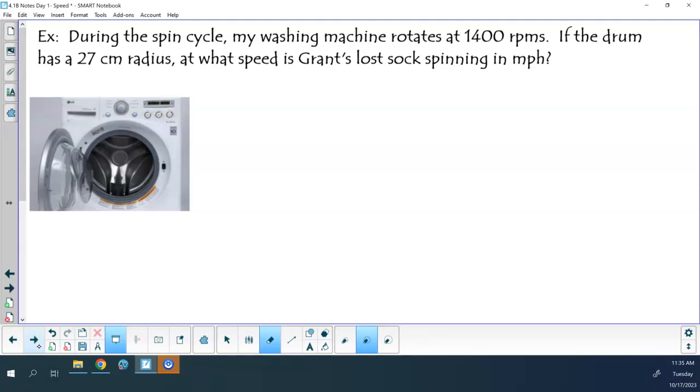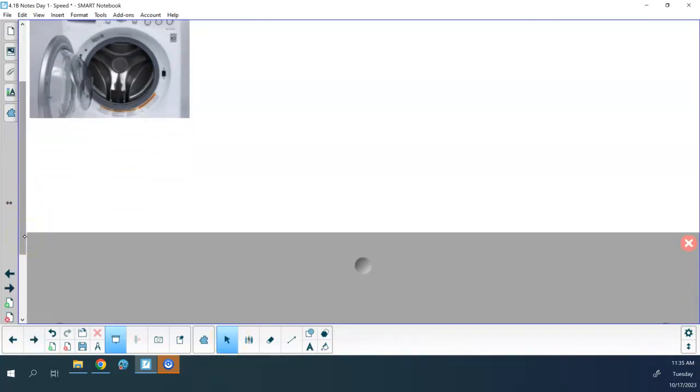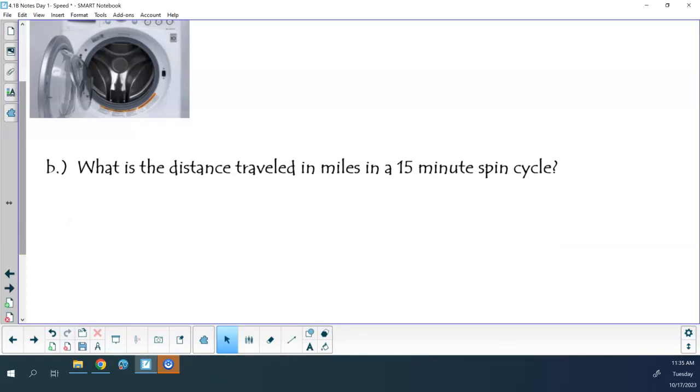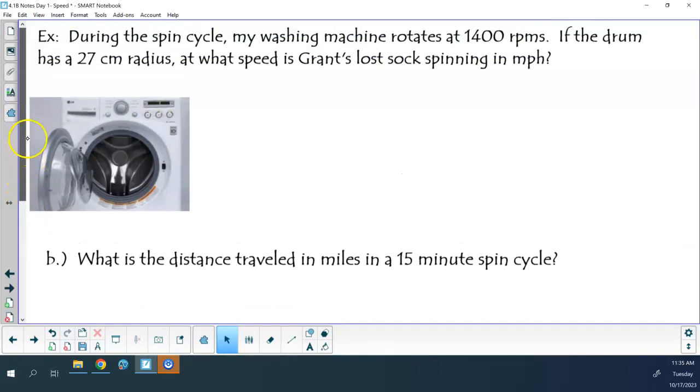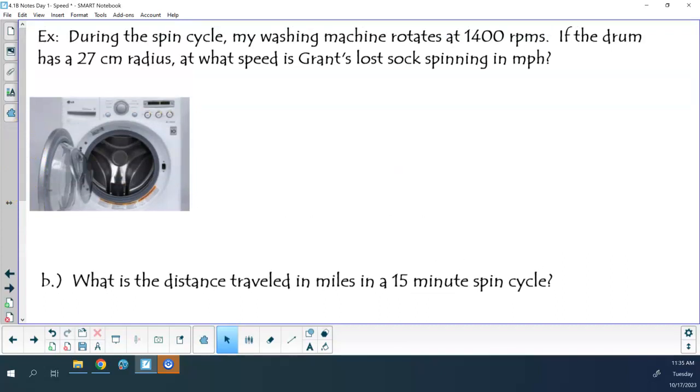The second part that I want you to find is the total distance the sock traveled if it was spinning for 15 minutes at that speed. So find me the speed the sock is spinning, in miles per hour, and the total distance that the sock went.